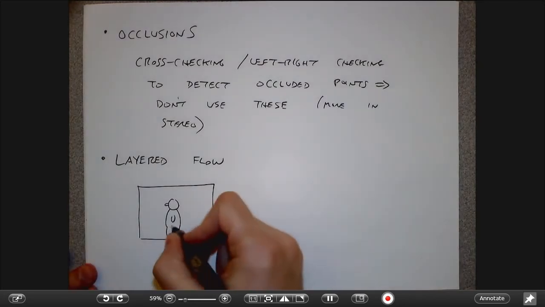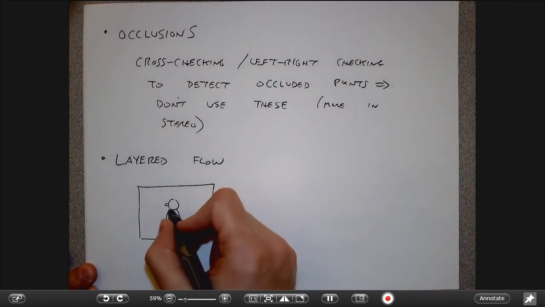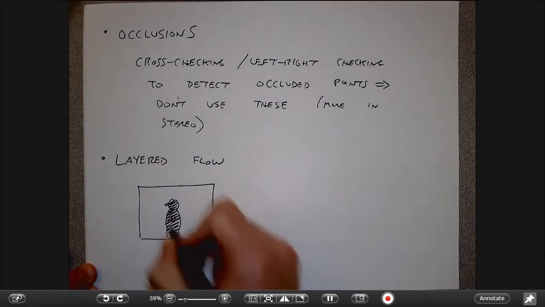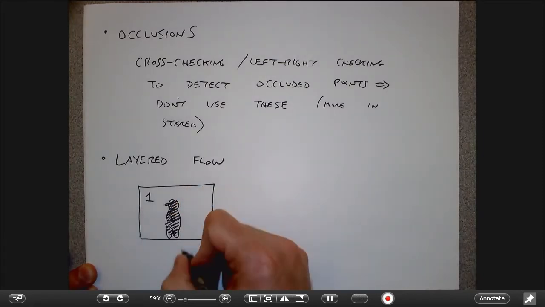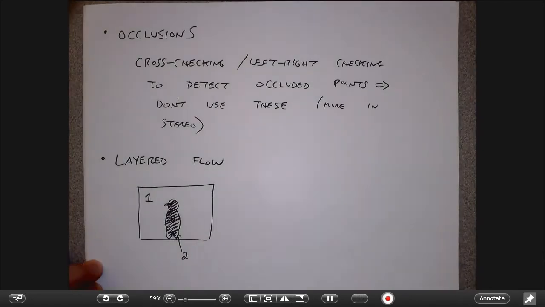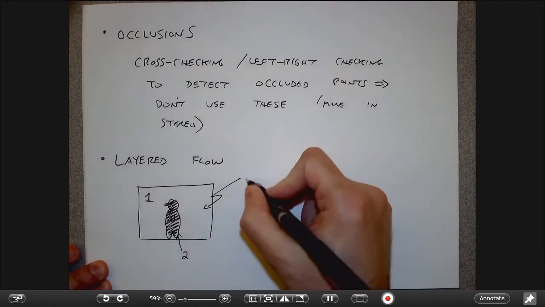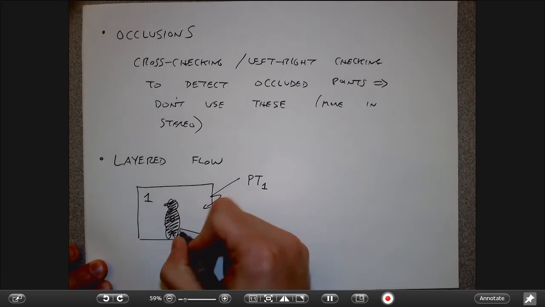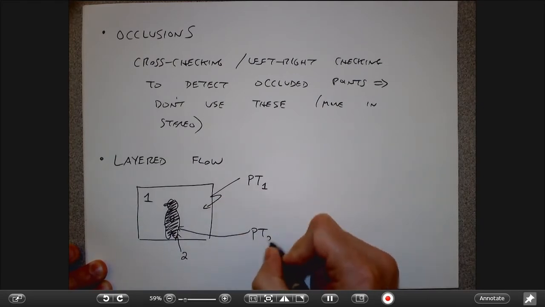So what I could do is try to segment out this foreground, and call this background layer 1 and this foreground layer 2. Then within each layer, I could maybe get away with estimating a parametric transformation. For example, I could estimate a projective transformation for layer 1, and a projective transformation for layer 2.